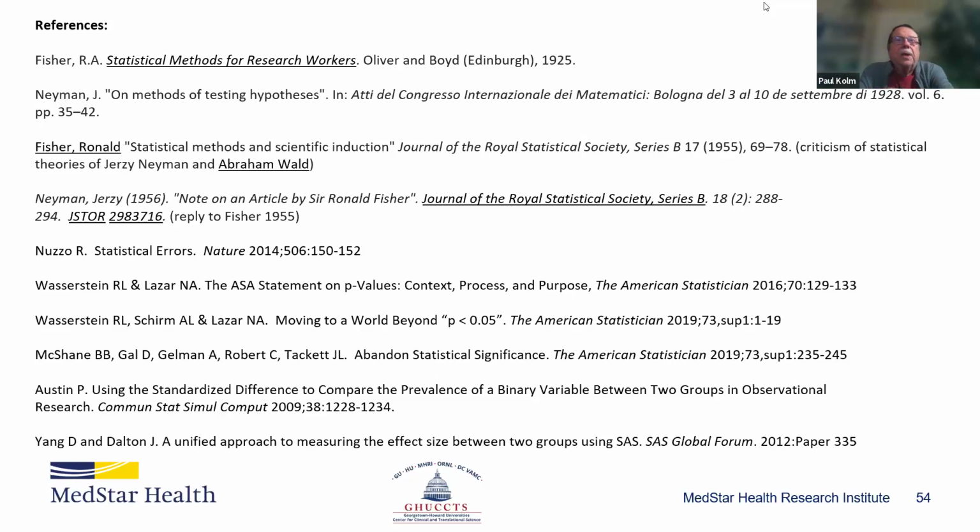So the comment is that it might be obvious, but making a type 1 error could be more dangerous than a type 2 error. Yes, that's true. A type 1 error is considered the error that you don't want to make.